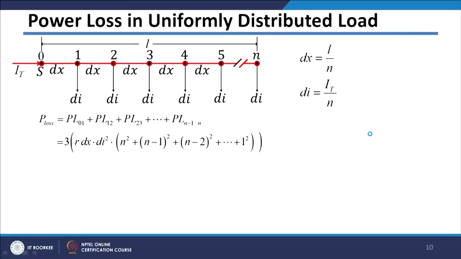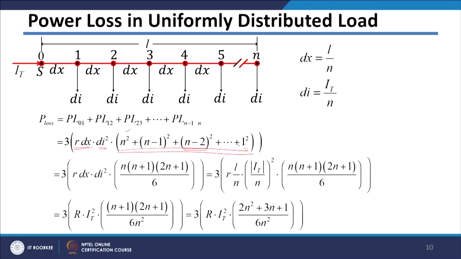If you explicitly write it, taking R dx and dI common from those earlier figures, you get this series of squares, that is n square plus n minus 1 square plus n minus 2 square up to 1.